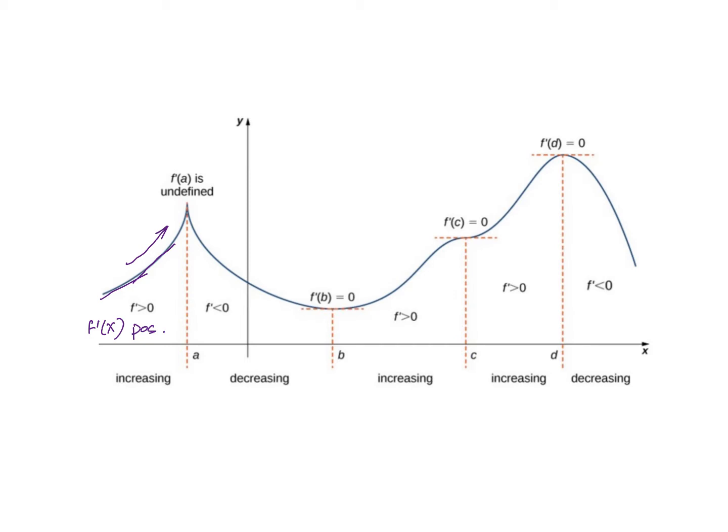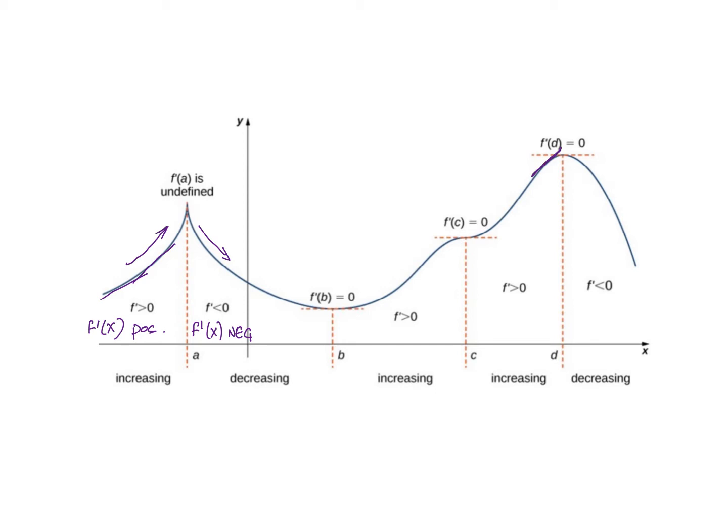On the right side of A, we see that the graph is decreasing. It's going downhill. So that means f prime is less than 0, or f prime of x is negative. All right. We have a similar situation over at D. The difference between A and D, hopefully you can see, is that at D, we're increasing on this side.